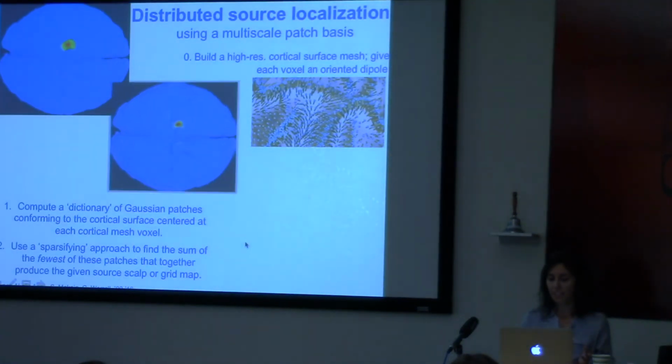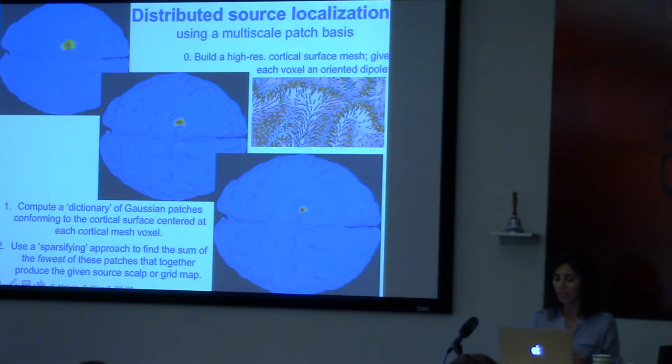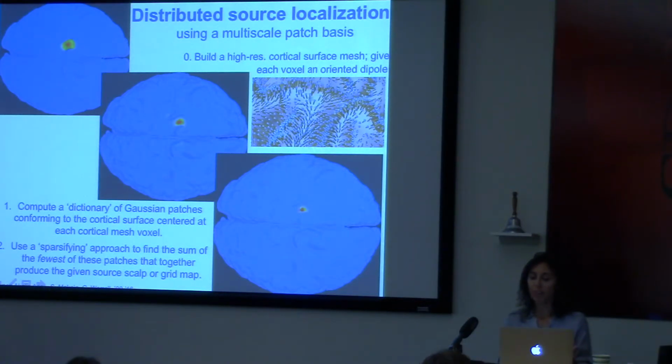And we did distributed source localization and represented the cortex with 80,000 dipoles, but also found the patches of cortex with 10 millimeters, 6 millimeters, and 3 millimeters. So we had a source space composed of patches of cortex at different levels. All these patches were overlapping, and at each node there was a 10 millimeter, 6 millimeter, and 3 millimeter patch of cortical activity.